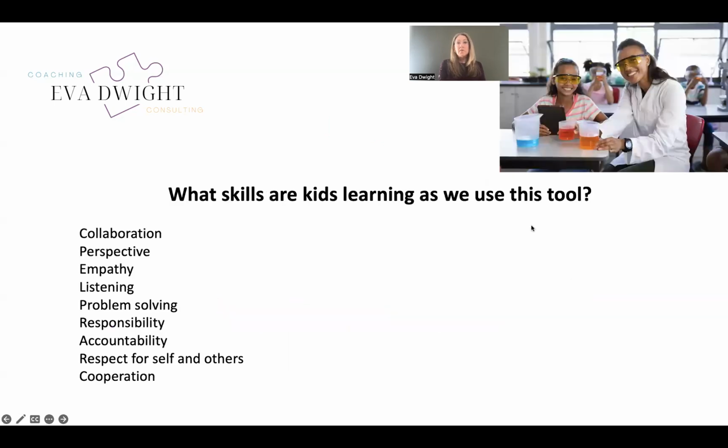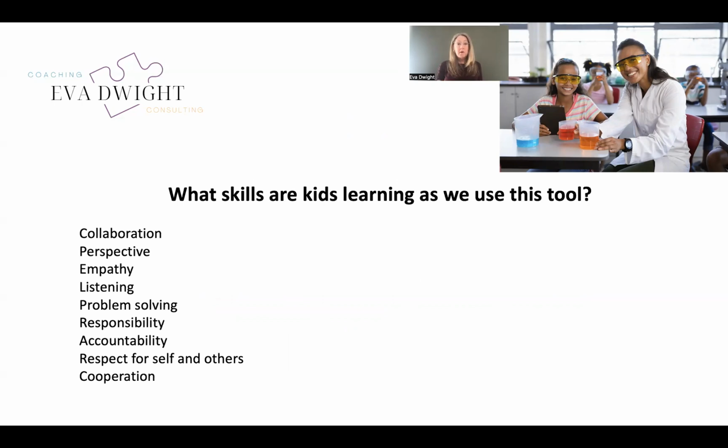And look at the skills that these kids are learning as we go through using this tool. The skills of collaboration, getting other people's perspectives, not just my own, on a situation. Empathy, because you expressed empathy to them when you said, it sounds like you feel this way and you want this because that's important to you. As you express empathy and model that, hopefully they will give empathy back to you as well.